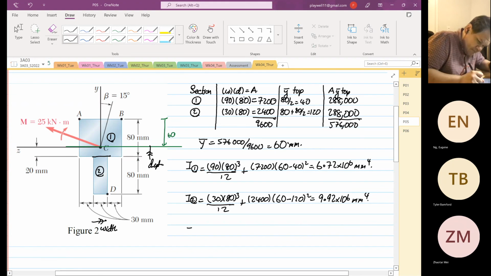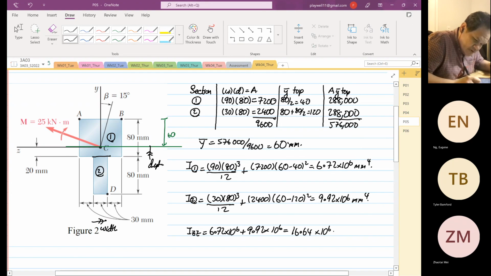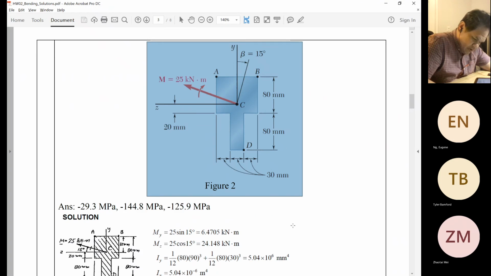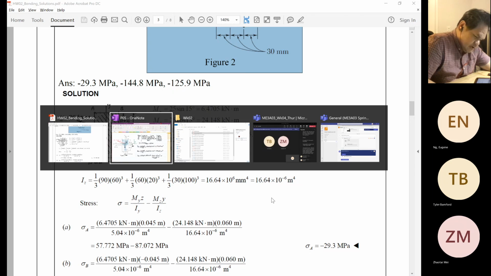So your Izz is equal to 6.72 times 10 to the power 6 plus 9.92 times 10 to the power 6. 6.72 plus 9.92 is equal to 16.64 times 10 to the power 6 millimeter to the power 4, or 16.64 times 10 to the power minus 6 meter to the power 4. So 16.64 is the magic number that we are looking for. Is it right or wrong? It is correct, so it's exactly the same.